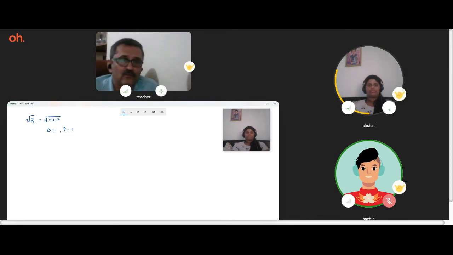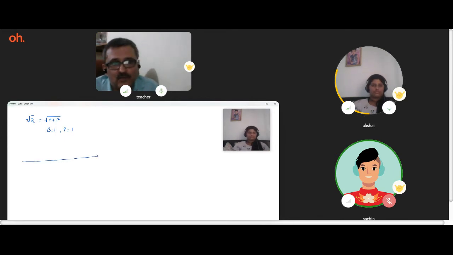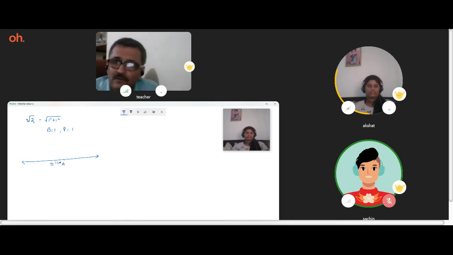So again, now it's so simple, beta. We are going to draw a line and make one point in the center as O. Now take OA equal to 1 centimeter. That is the base. And from A we draw the perpendicular like this. The perpendicular is 1 centimeter.